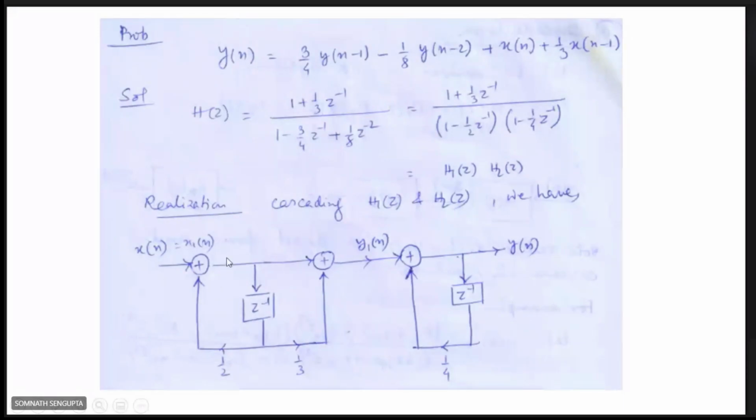How is it done? Using direct form 2. H1z we are assuming as the first ratio, that is 1 plus 1 by 3 z inverse divided by 1 minus half z inverse. And H2z, can anybody tell what H2z is assumed?